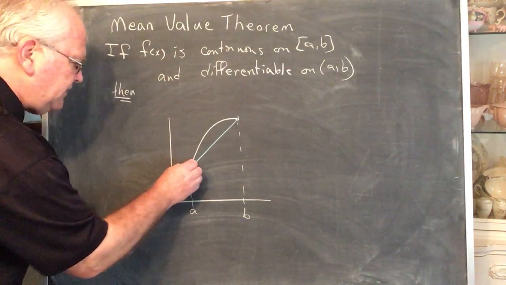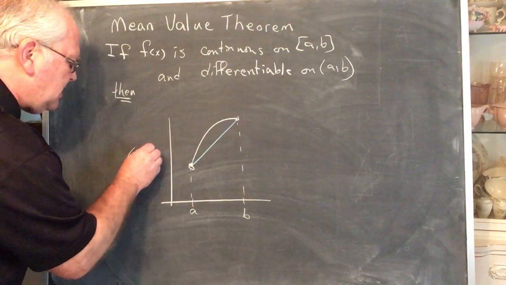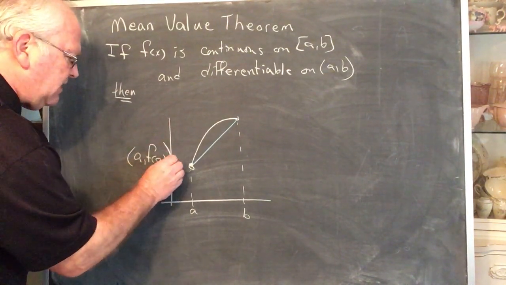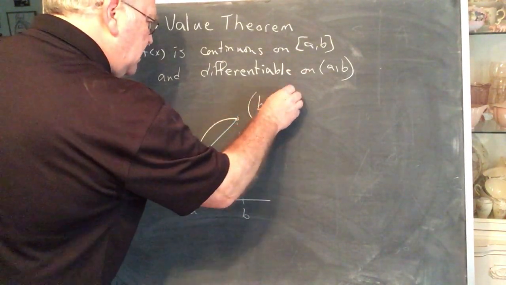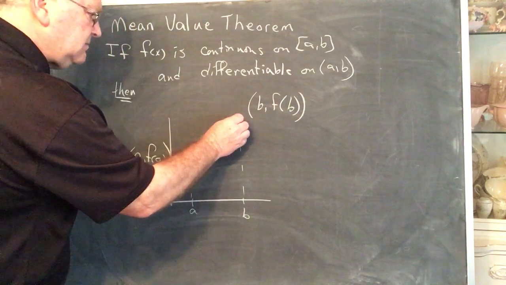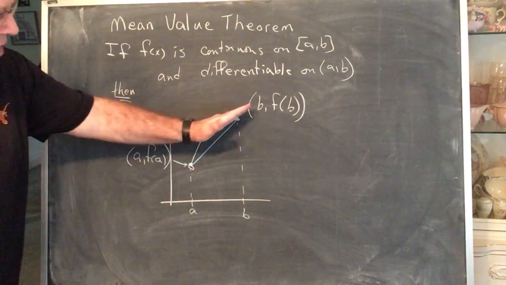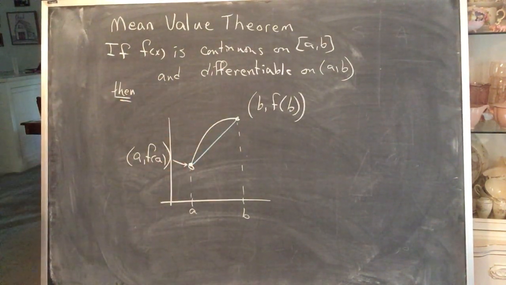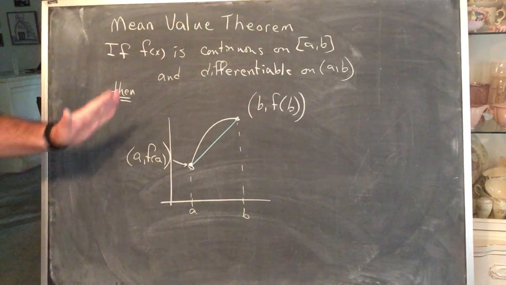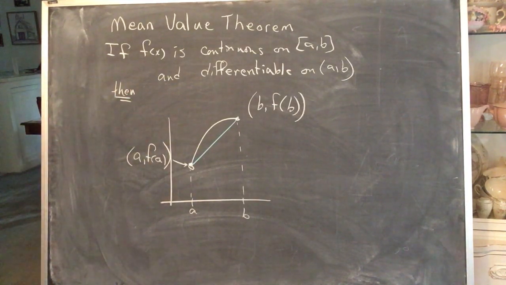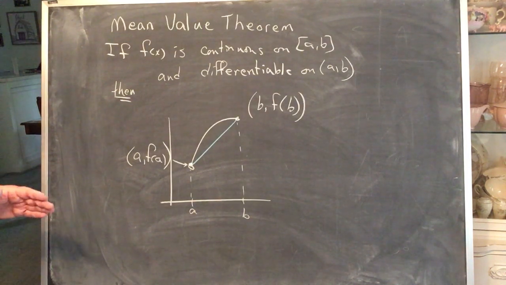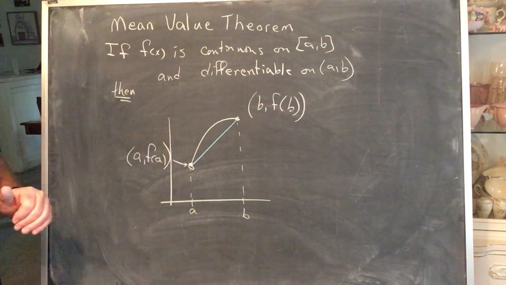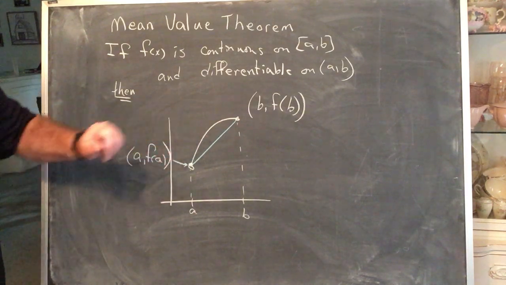So the coordinates of this point are A comma f of A. And this point has coordinates B comma f of B. If you connect those two points, that is, remember from earlier in the semester, a secant line. The mean value theorem says somewhere on this curve there must be a tangent line that is parallel to that secant line. There must be a tangent line somewhere on here that is parallel to this blue line segment I've drawn here.